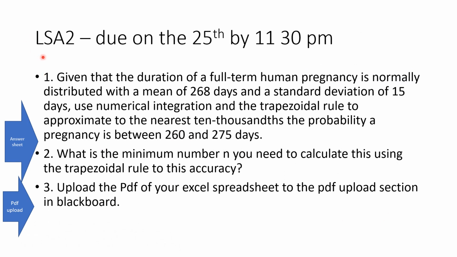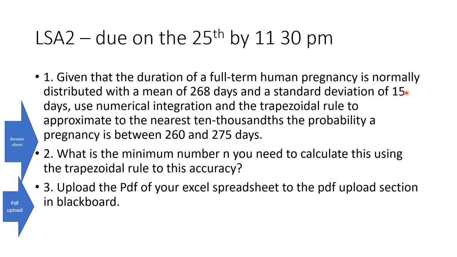Now I'm going to introduce you to the LSA2 that's due on the 25th by 11:30 p.m. Okay, so here are some facts. Given that the duration of a full-term human pregnancy is normally distributed with a mean of 268 days and a standard deviation of 15 days, this is your assumption.